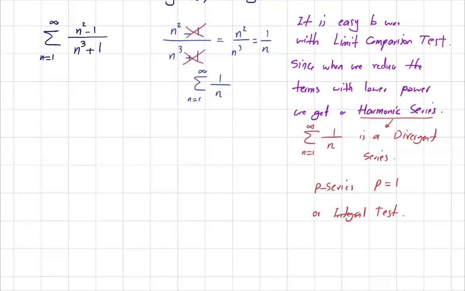For the limit comparison test, we are finding the limit of this guy. Let us call it, for example, a sub n, and let us use this guy as b sub n.